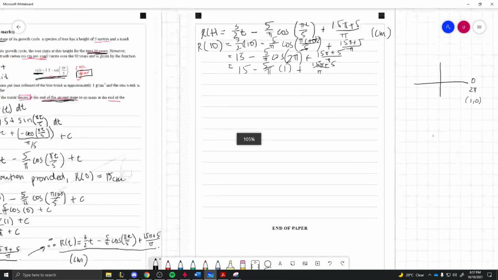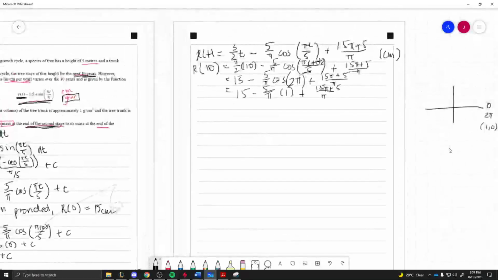I'll zoom in a bit. So this equals 15 minus 5 over pi plus 15 pi plus 5 over pi. Let's simplify this. We can do this step again by turning this into one fraction.